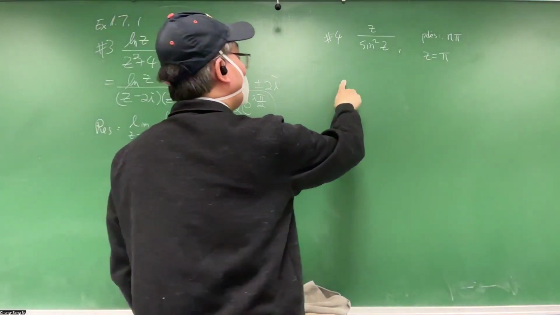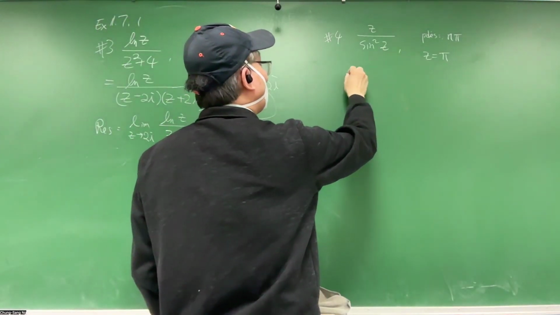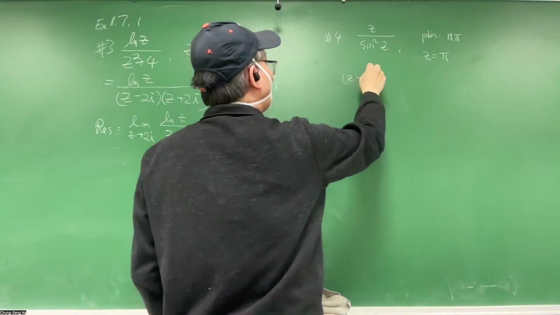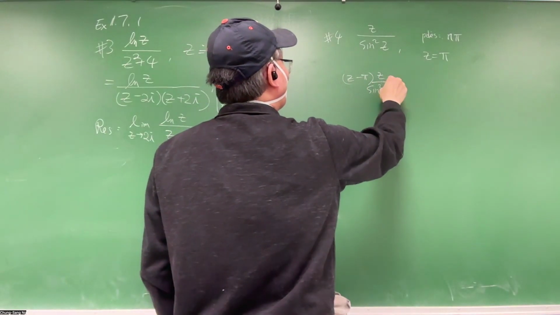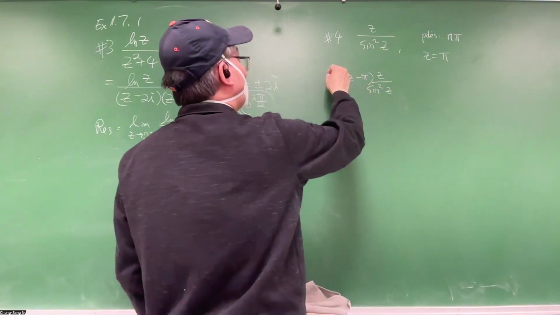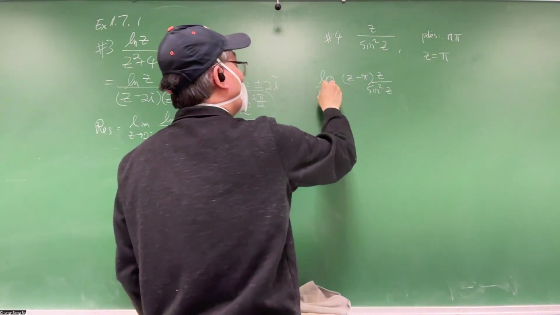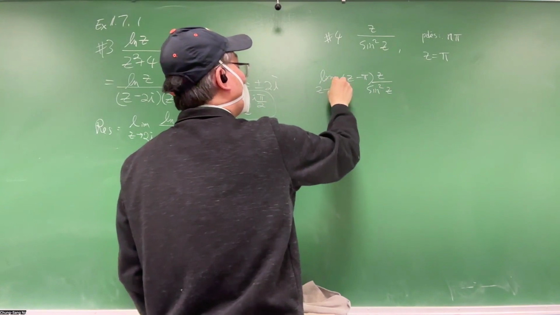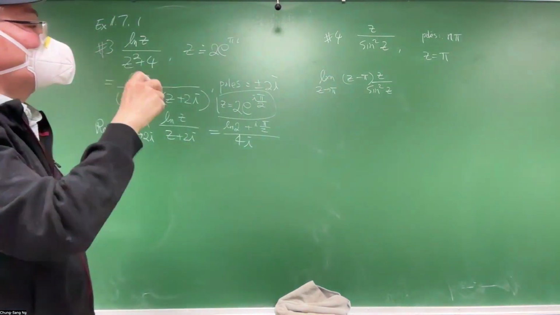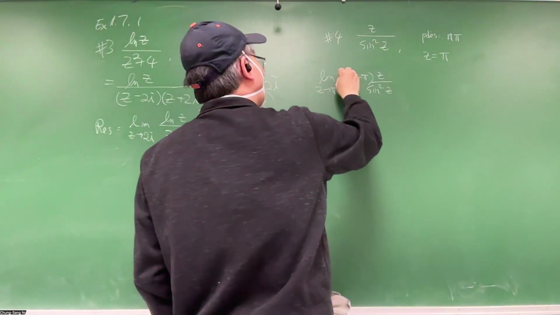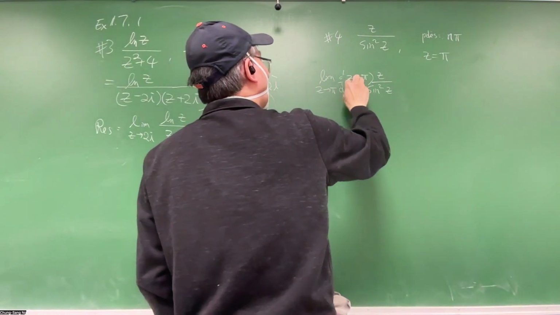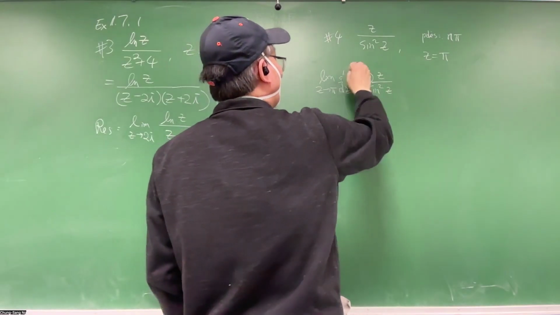Then according to our formula, you multiply by z minus pi, and then multiply it by the function, and then we take the limit of z equals to pi. Right? No, I take the derivative. The second order.